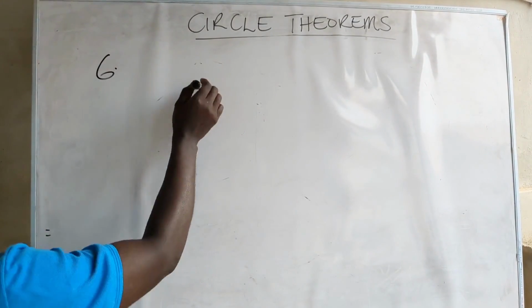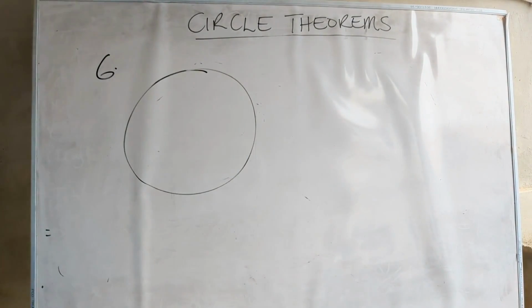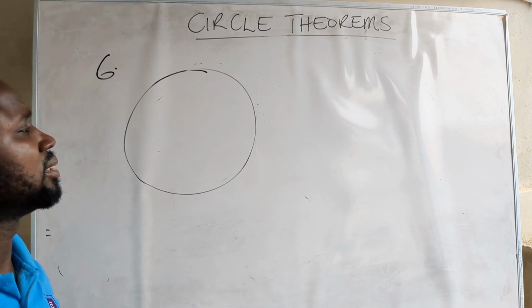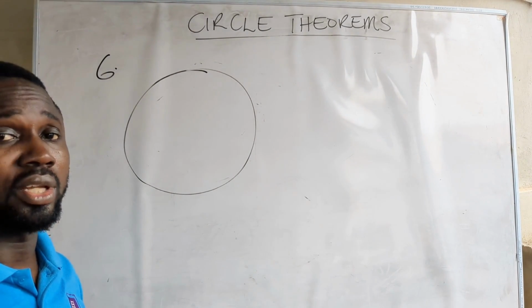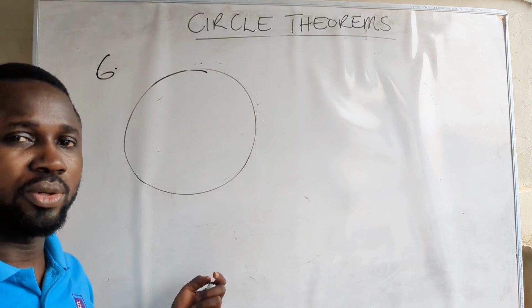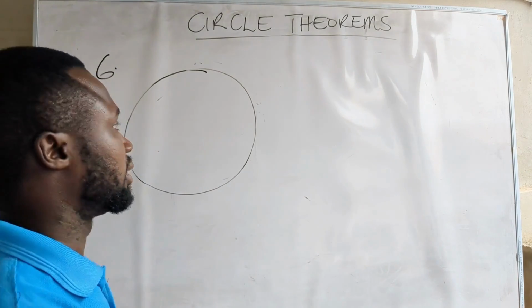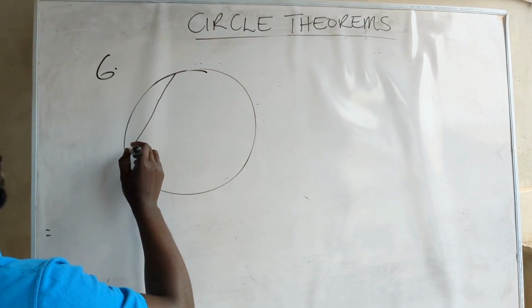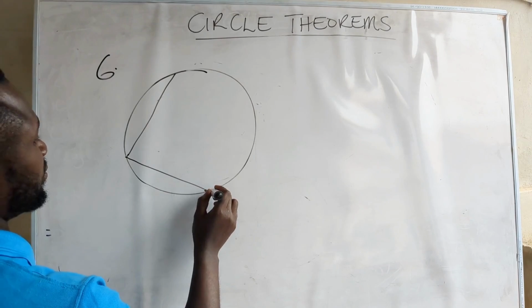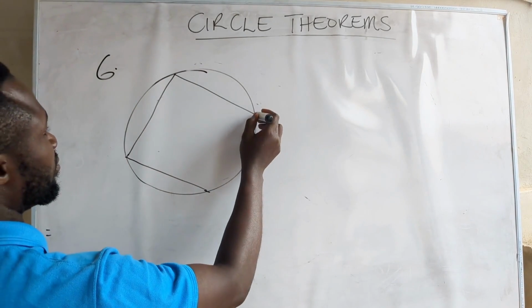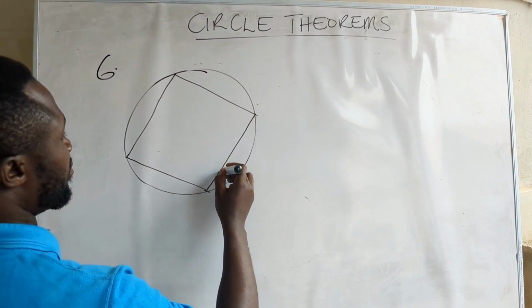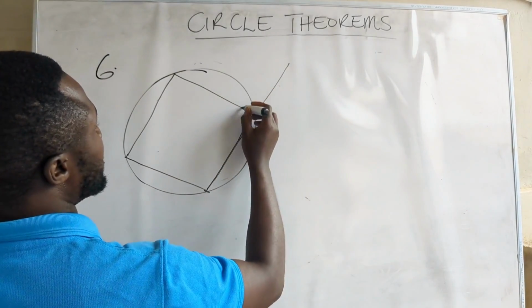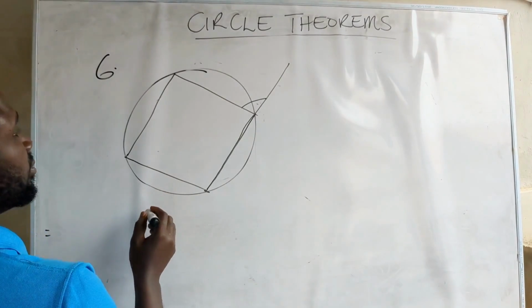Number 6 here is also saying that if I have a circle, the exterior angle is equal to the opposite interior angle. So let's say I have a circle. When I extend this, I get an exterior angle here.